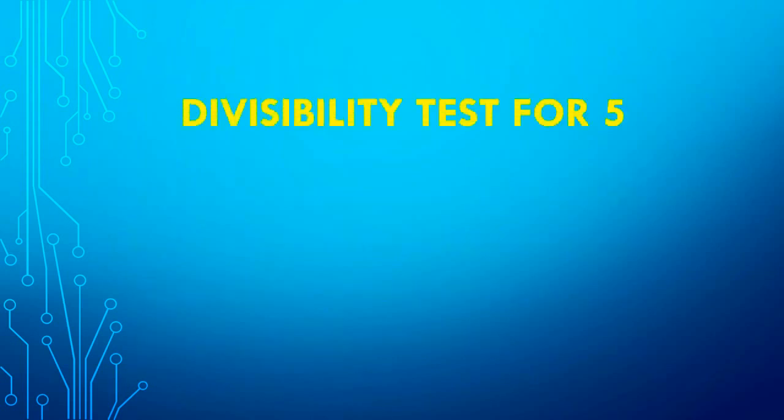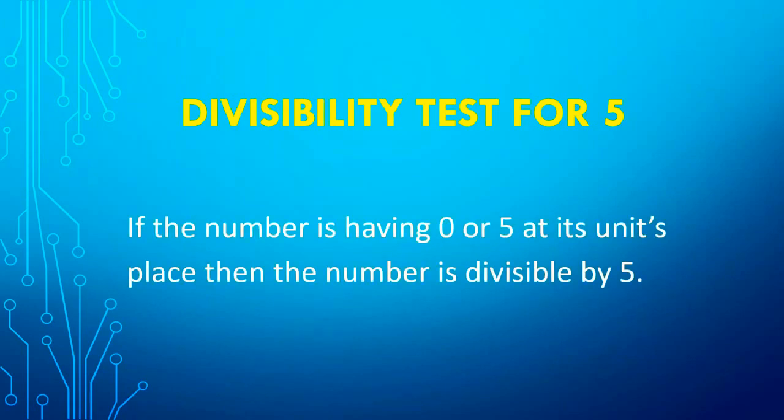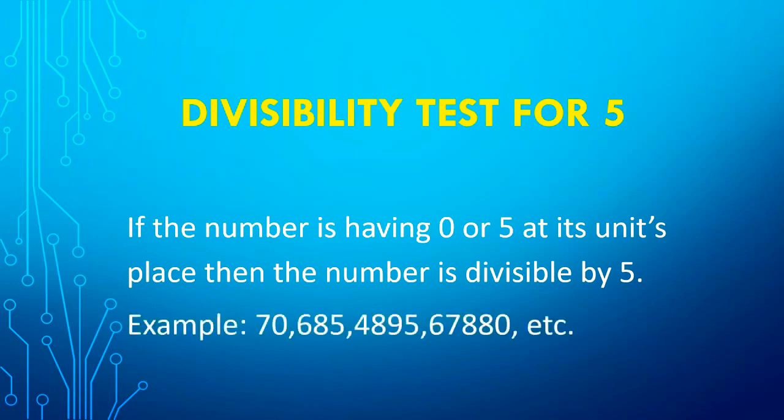Divisibility test for 5. If the number has 0 or 5 at its units place, then the given number is divisible by 5. Example, 70.